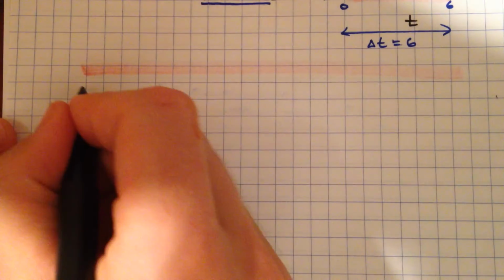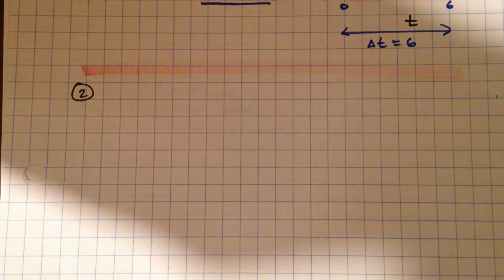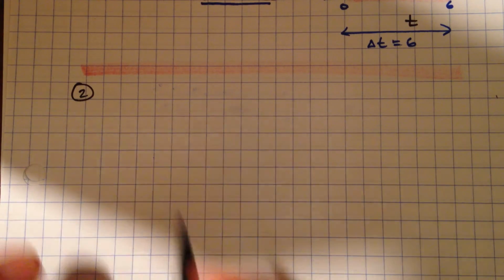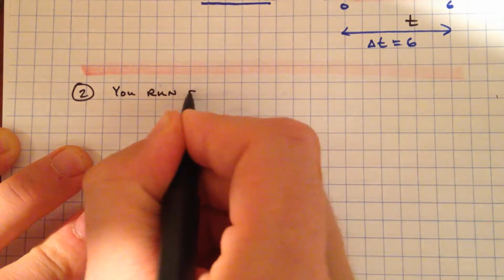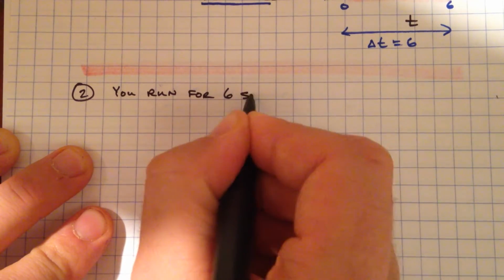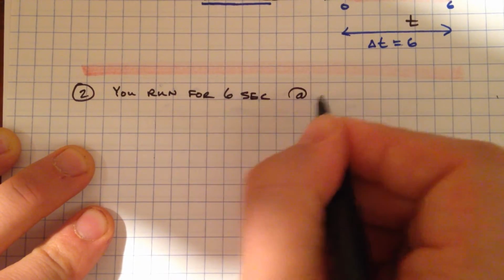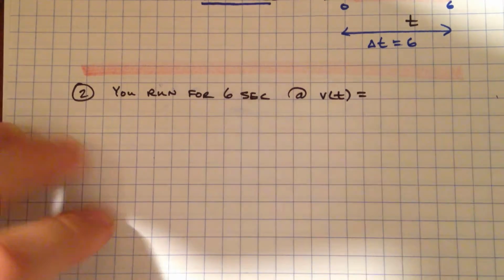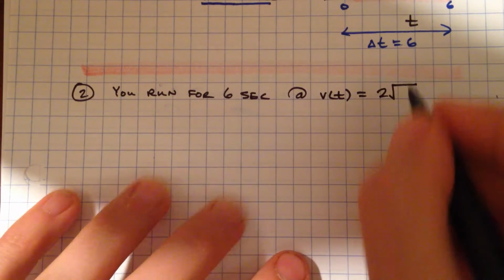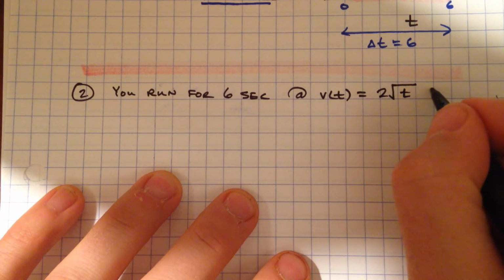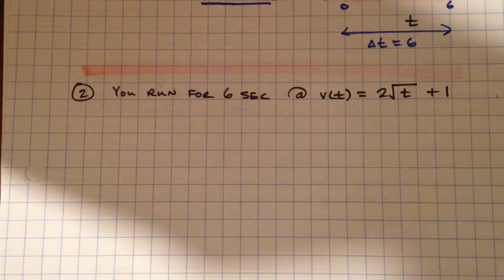It's day 2. We're going to do some running, but this time you run for 6 seconds where your velocity is not constant, it's variable. And suppose that it's given by the equation 2 times the square root of t plus 1.